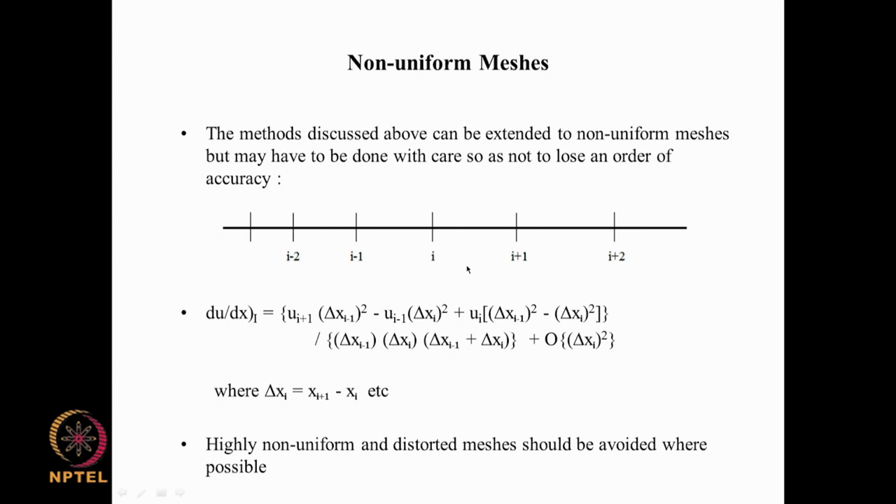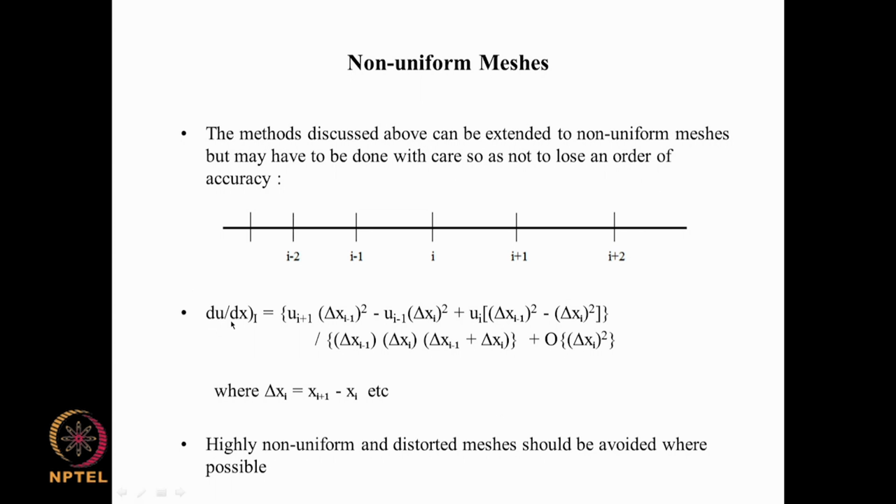So there is more algebra and more manipulation required, but essentially the same principle applies that we had used for the derivation of the central difference formula; higher order accurate and slightly more complicated formulas arise.